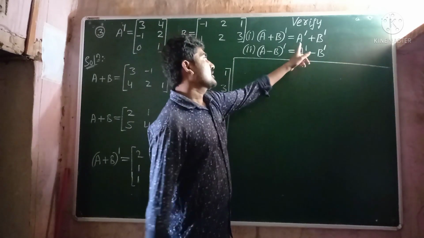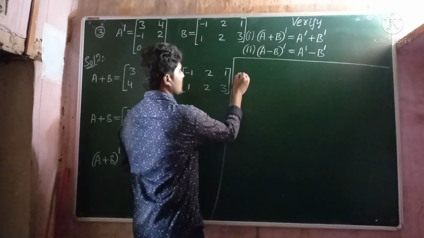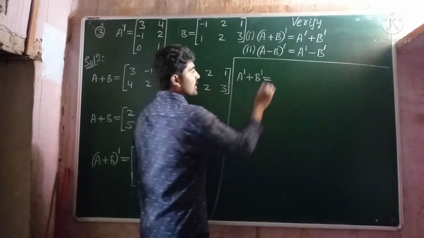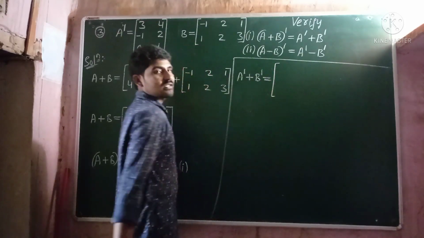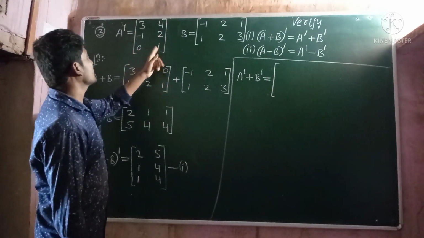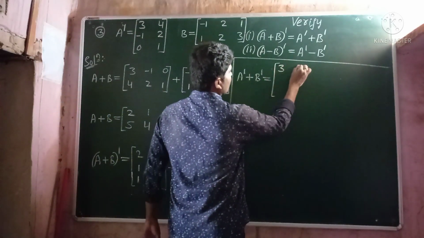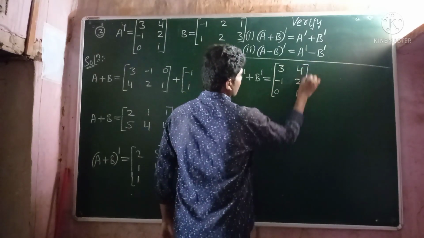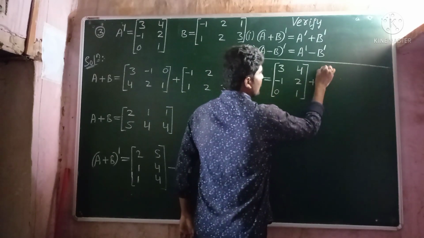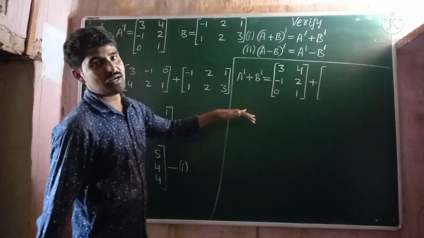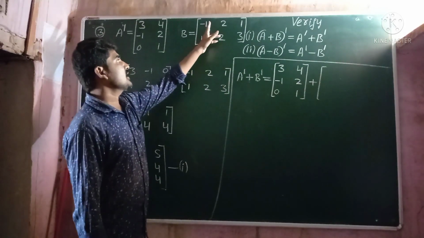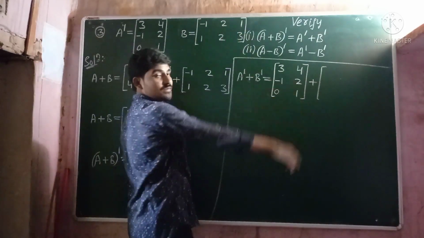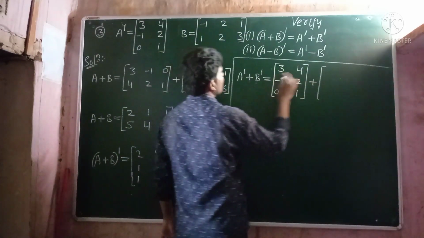Now we need to find the matrix A dash plus B dash. So let us consider A dash plus B dash is equals to, the matrix A dash is given already, 3, 4 minus 1, 2, 0, 1, plus B dash is the transpose of the matrix B, which is obtained by interchanging rows and columns of the matrix B. It means minus 1, 2, 1 becomes first column of the matrix B dash.